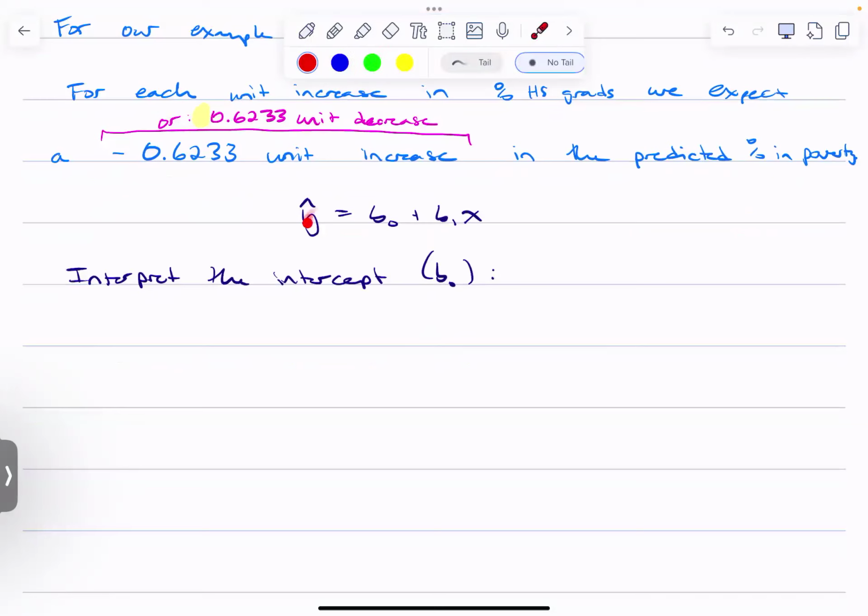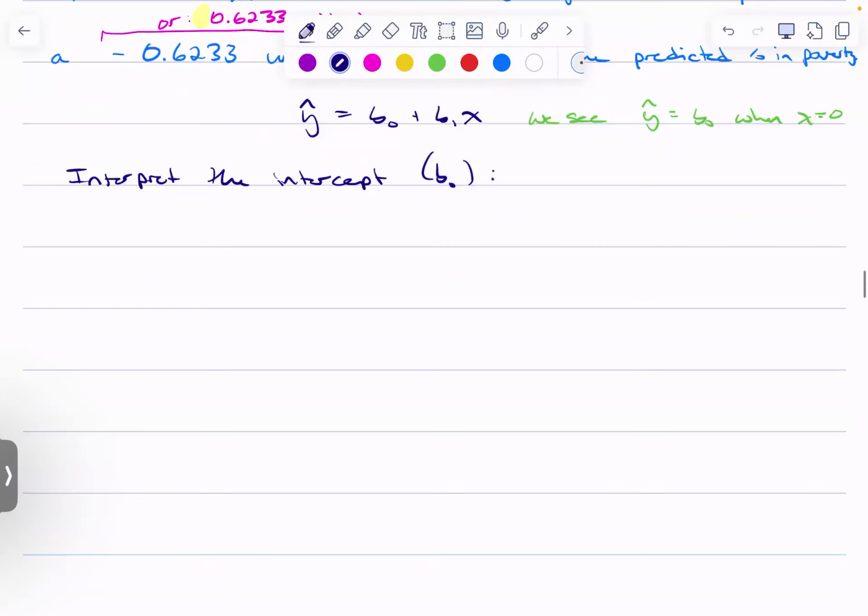And you can use the formula to kind of talk yourself into it, right? We see y hat is b naught when x is 0. And that is the interpretation. The predicted value of y when x is 0 is b naught.